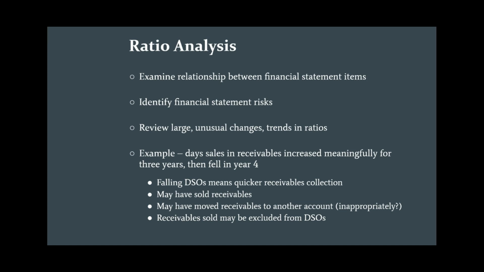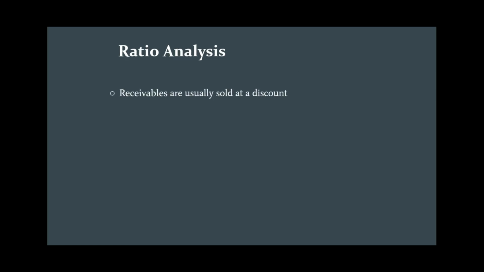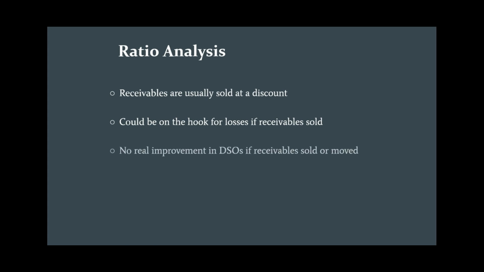So a significant change in a ratio like that, you want to investigate it to see what's really happening with the company. Receivables are usually sold at a discount, and the company could be on the hook for losses if receivables are sold. No real improvement in DSOs if receivables are sold or removed.